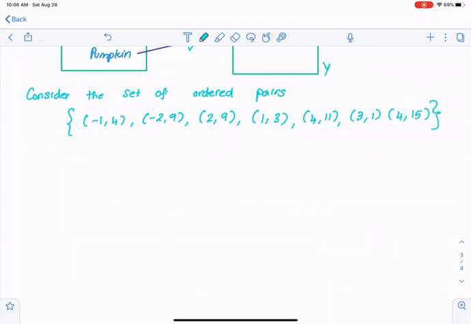So these are a set of ordered pairs, and we want to determine if the set is a relation, and is the set a function, both conditions.